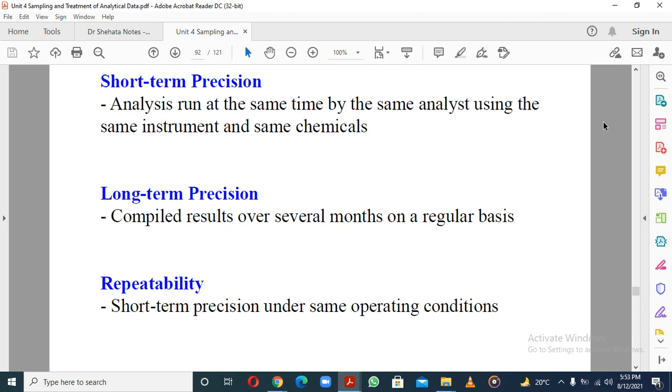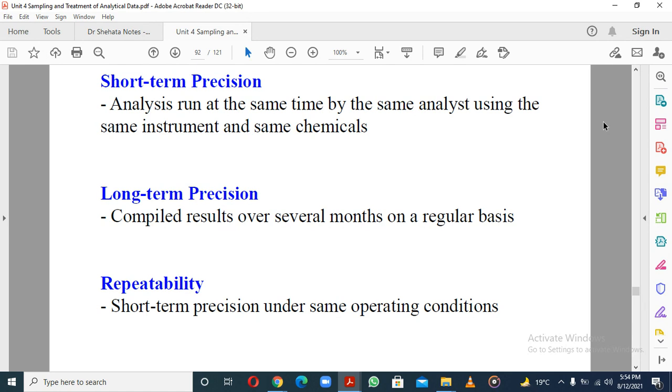You go there in January and assess, then you go again in June and assess again. You're trying to see whether the values they are getting over a particular period of time are in agreement. That's going to tell you whether the copper amounts in the ores are decreasing, or maybe the methods they are using are not doing them justice. All those things are going to come out in long-term precision.